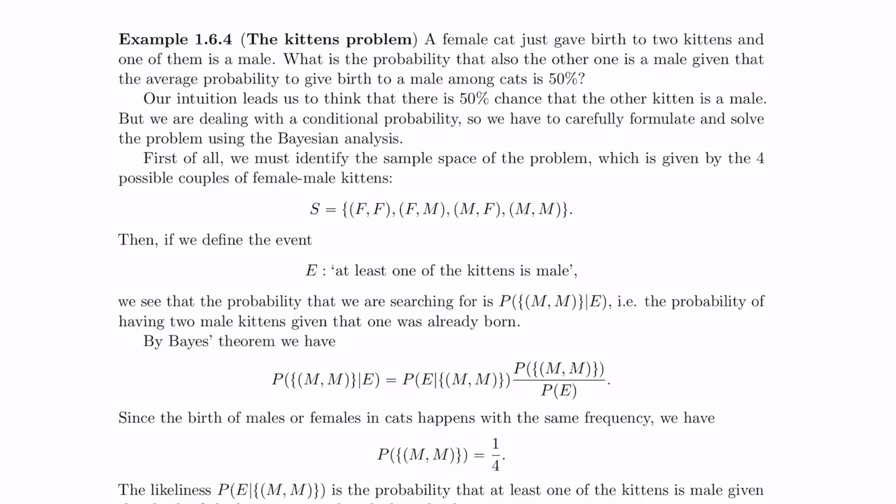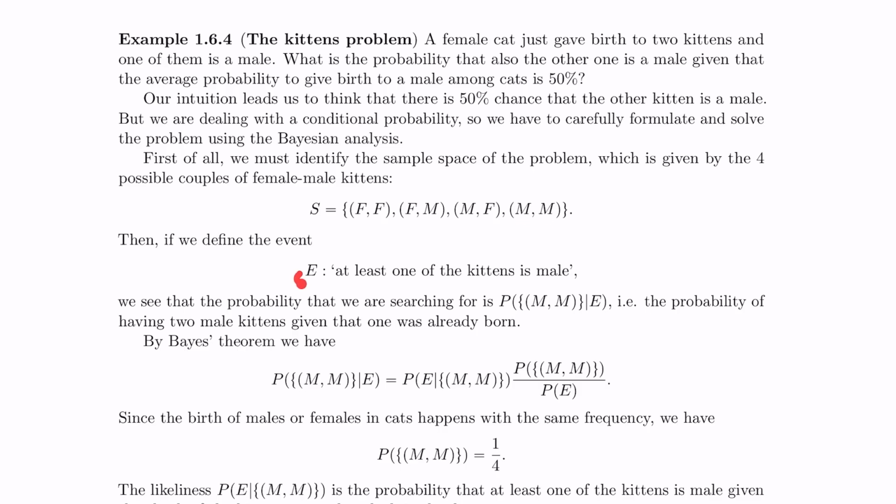As in the previous example, the first thing to do is to identify the sample space. For the present problem, S is given by the 4 possible couples of female-male kitten, in the sense that the female cat can give birth first to a female and then to another female, first to a female and then to a male, first to a male then a female, and finally first to a male and then a male.